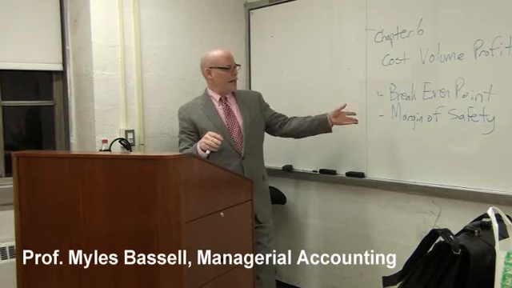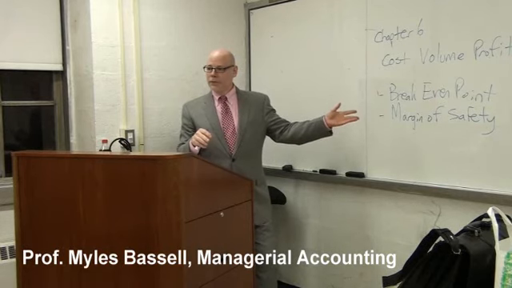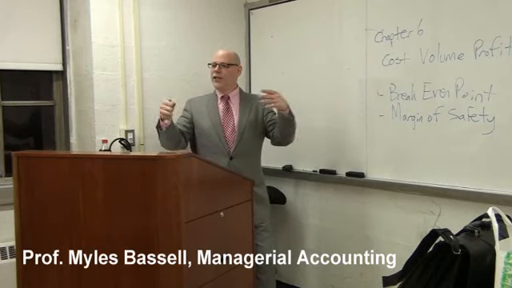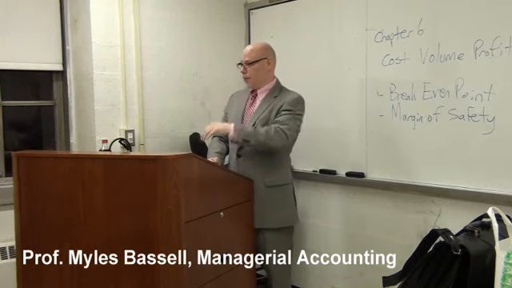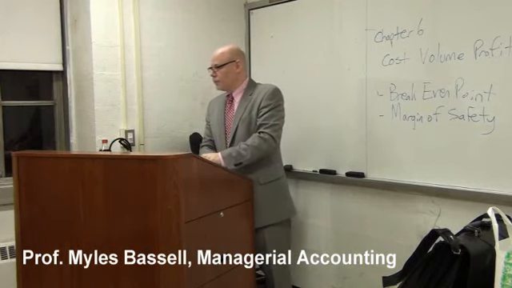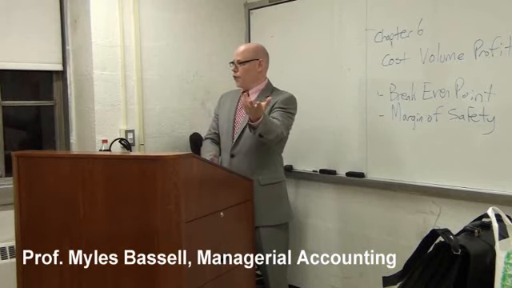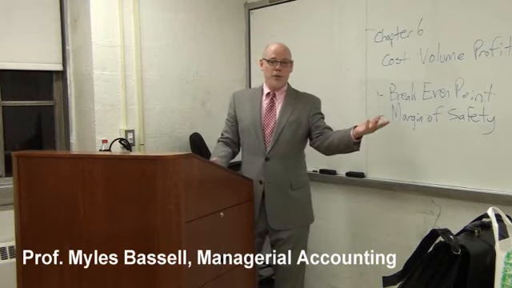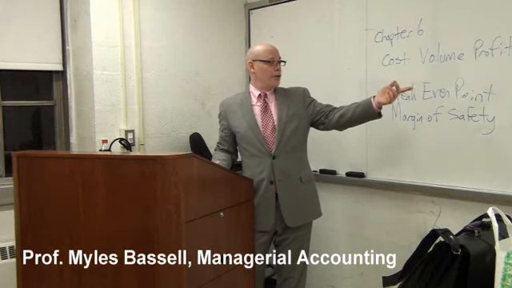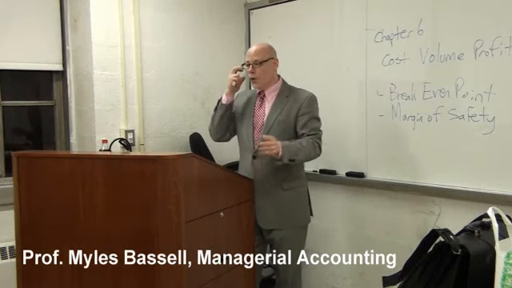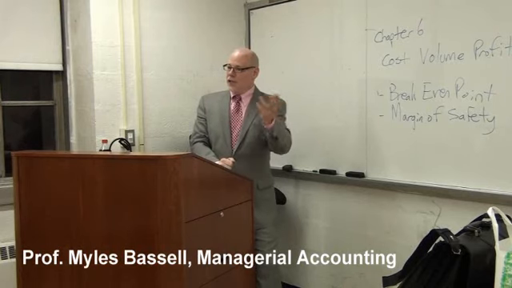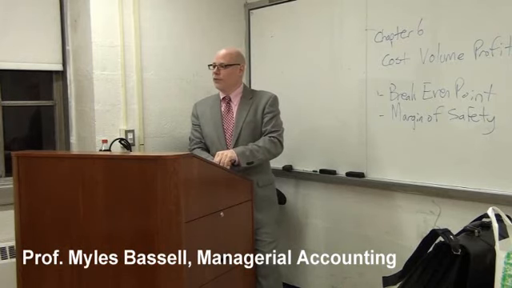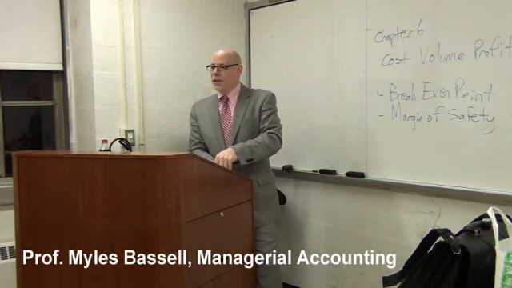Once we calculate the break-even point, we need to know, well, what happens if a recession hits and sales go down 20%? So if sales go down 20%, are we still going to be able to break even? What happens if sales in the following period go down 20%?